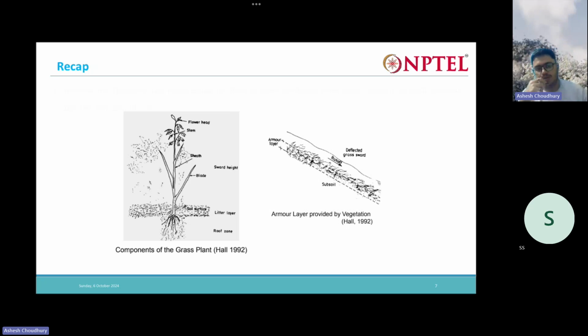Higher porosity and permeability will delay the onset of the runoff. And if we have very large trees, trees have deep roots, right? Deep roots are going to hold the soil in position. These are going to reinforce the soil.